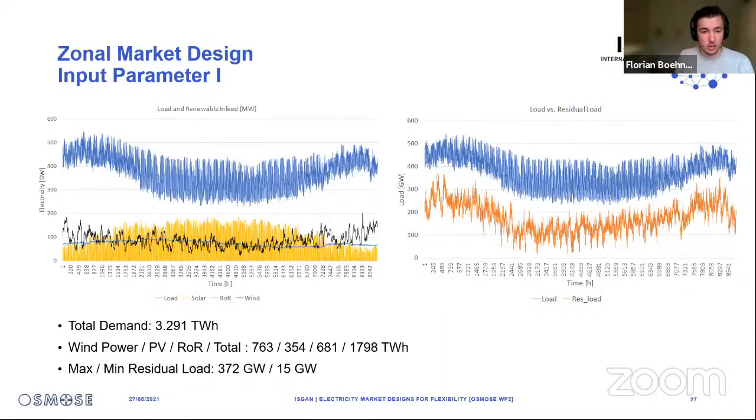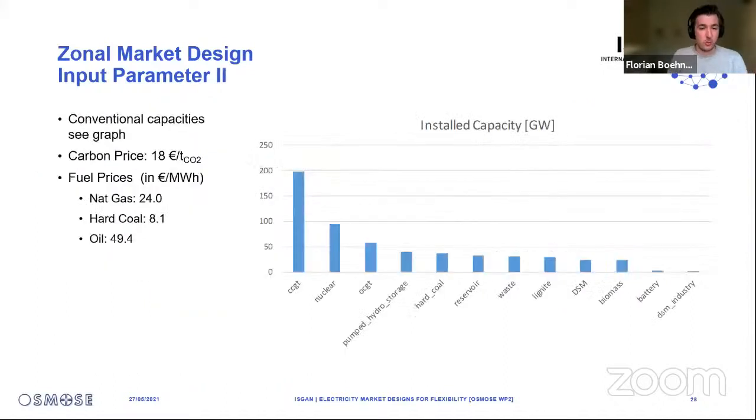On the next slide, we can see which other technologies we have that have to balance the residual load, so that load meets demand. Again, those are numbers cumulated over all countries. We see that the electricity system is dominated by gas turbines, so combined cycle and open cycle gas turbines are 2 of the 3 biggest installed capacities per technology.